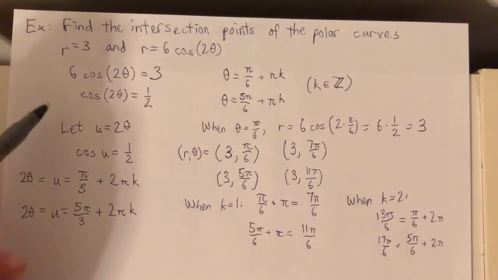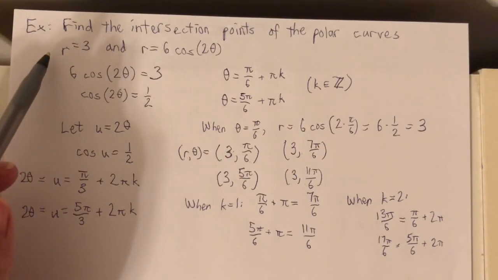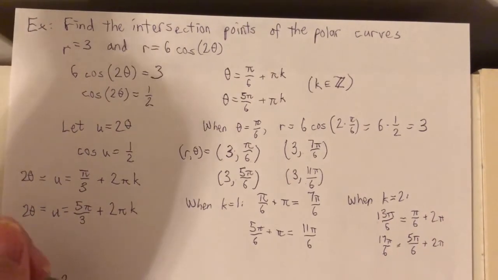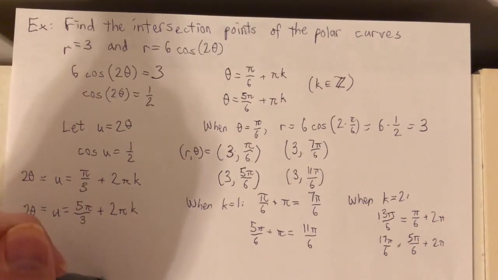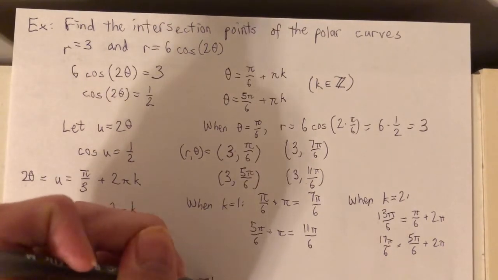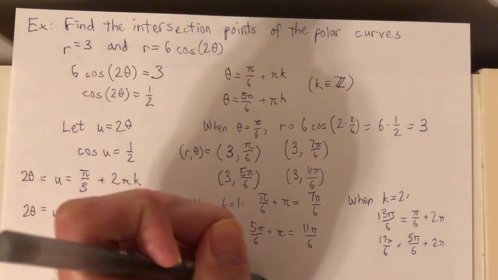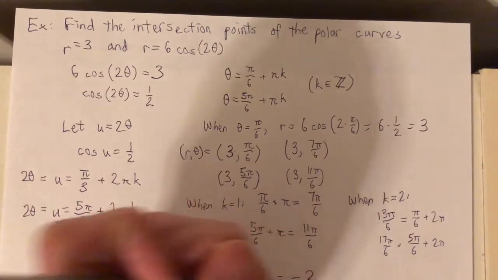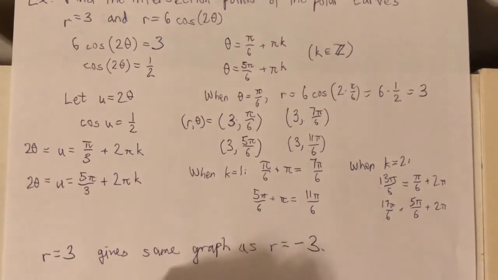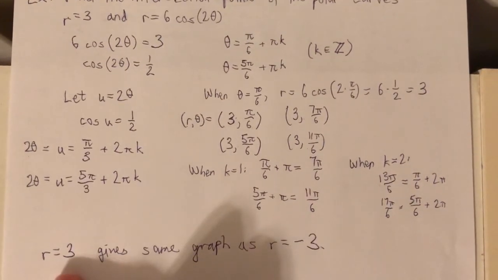So in particular, if I look at the circle r equals 3, r equals 3 is going to give the same graph as r equals negative 3. Right, these are the set of points that are 3 units away from the pole in any direction.